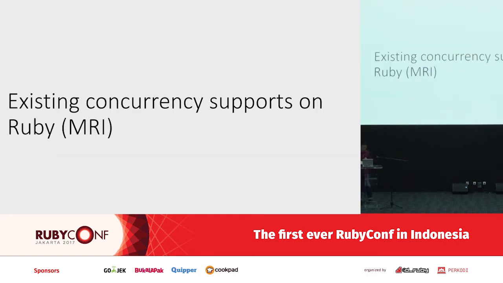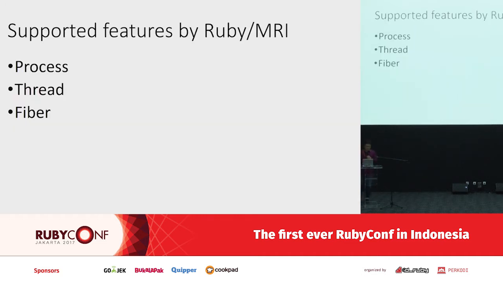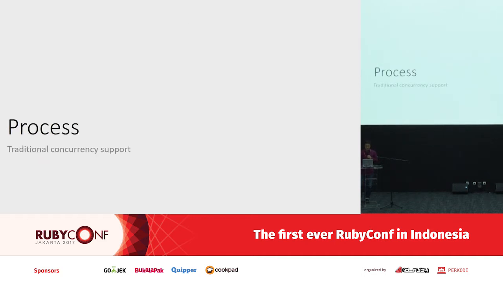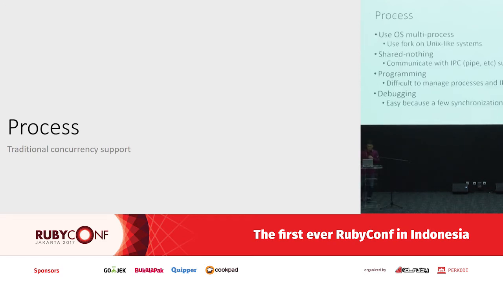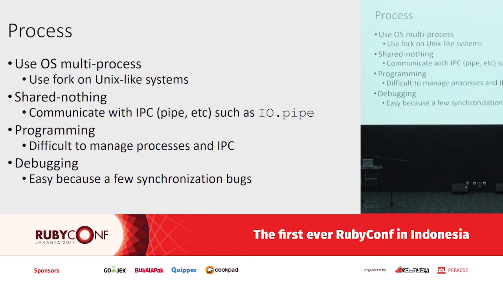After that, I will introduce existing concurrency support on MRI. We have process, thread, and fiber. At first, the traditional concurrency support: process. Process uses operating system multi-processes. We use fork on Linux-like systems, and other systems can make other processes.